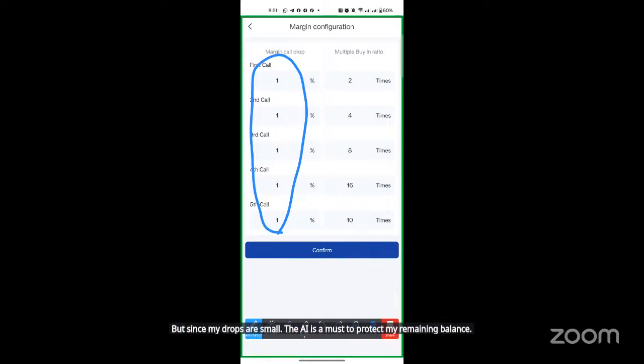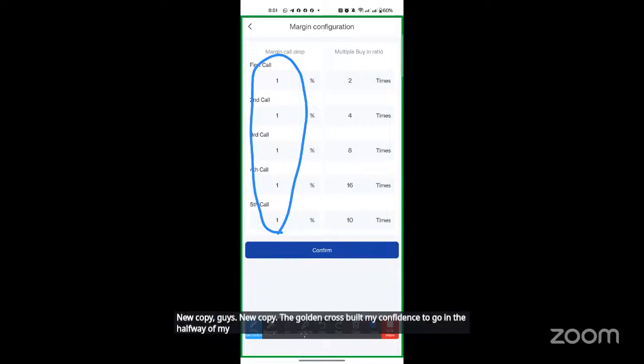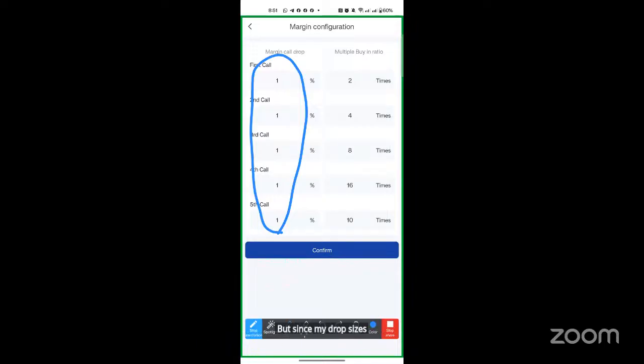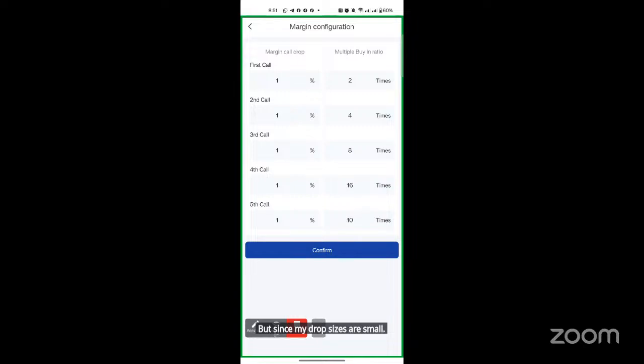The golden cross built my confidence to go with halfway of my money. Do you copy, guys? But since my drop sizes are small, the AI is a must.